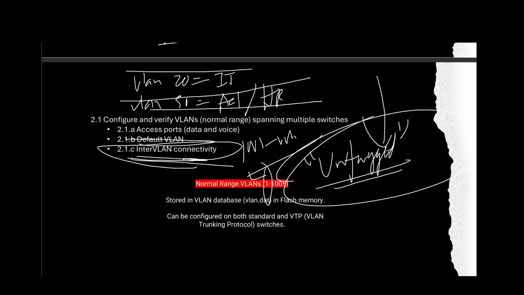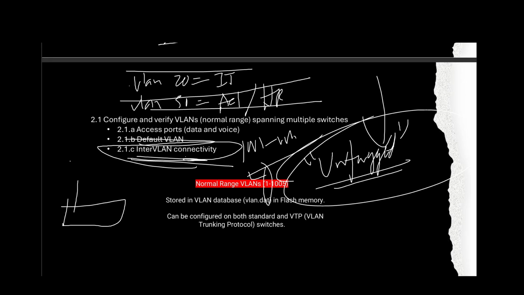And again, the main reason why we have to create those two VLANs for those departments is because, as we mentioned, if devices are on the same LAN or the same VLAN, they would be on the same broadcast domain, and there will be collisions between those devices.